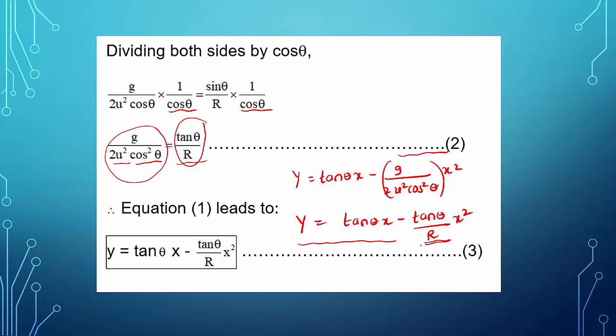Then we studied relation between horizontal range and maximum height. And also we derived equation of trajectory in terms of horizontal range. So this completes projectile motion. And the last part of this chapter is all about circular motion. So in the next class, we can study about circular motion.